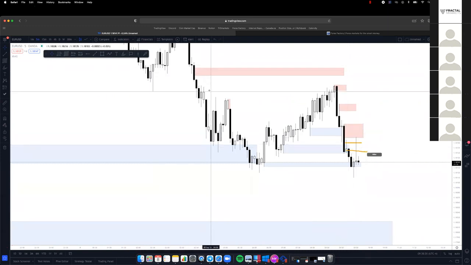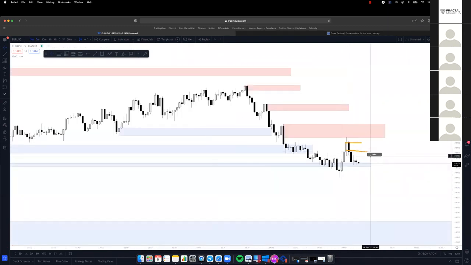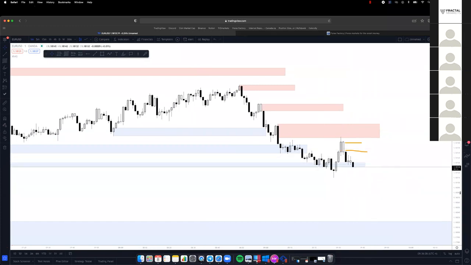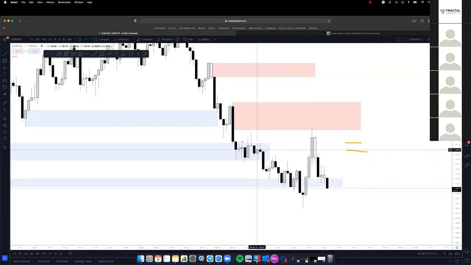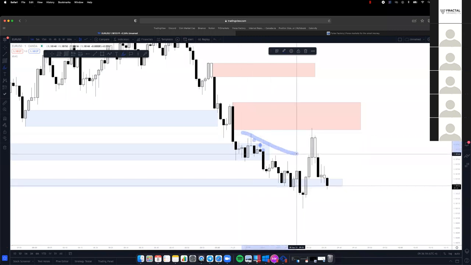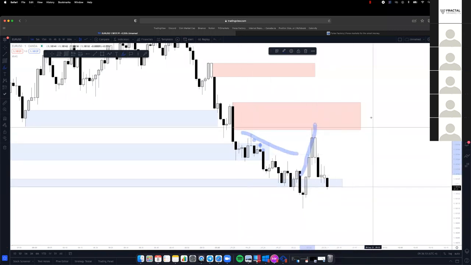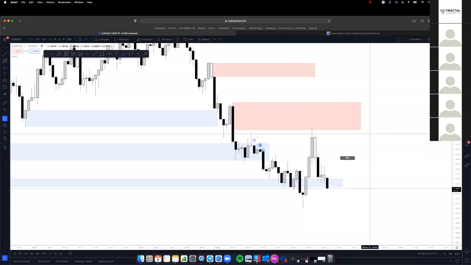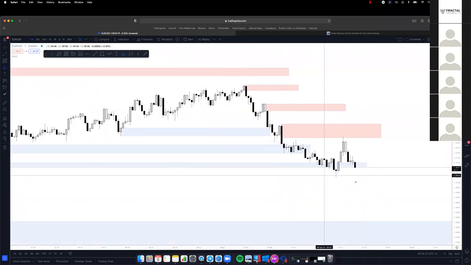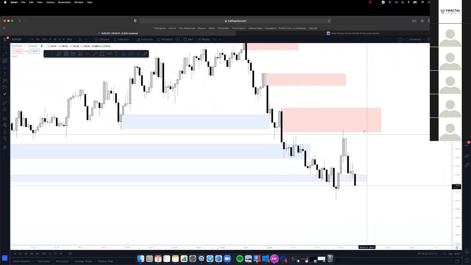Go down to the 1 minute now and look at this. Would you agree that this is mostly mitigated at this point? So look at this right here. This wick right here mitigates this. This mitigates this. This is liquidity. That's exactly why we swept, right? Cool. This was the POI right here.